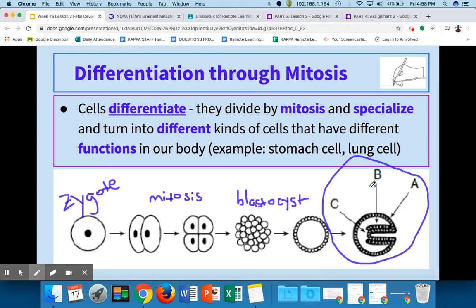And it's at this stage called differentiation, when they turn into different kinds of cells, that this occurs. And before that, you're literally a ball of cells that are all the same. So from here to here is when your cells start to become special types of cells. It's pretty incredible.